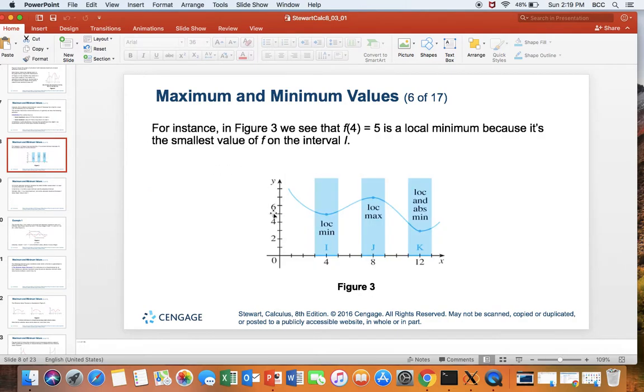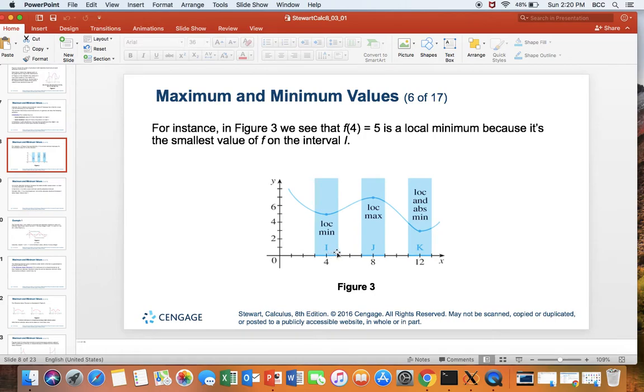here is figure 3. Look at the wave. At 4 you have some kind of minimum, right? But it is not the absolute minimum because the absolute minimum is here. So this is some kind of minimum. It is not an absolute minimum, it is a local minimum.